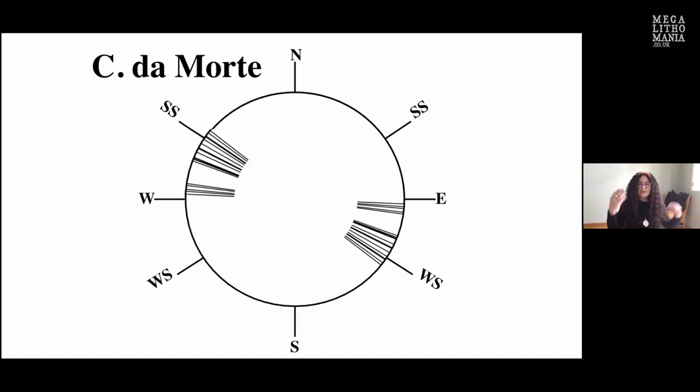So here we have these orientations for Costa da Morte in both directions. Let's look at both directions. What's going on? Is there really any reason for all of them? Because they were erected at different dates and times.